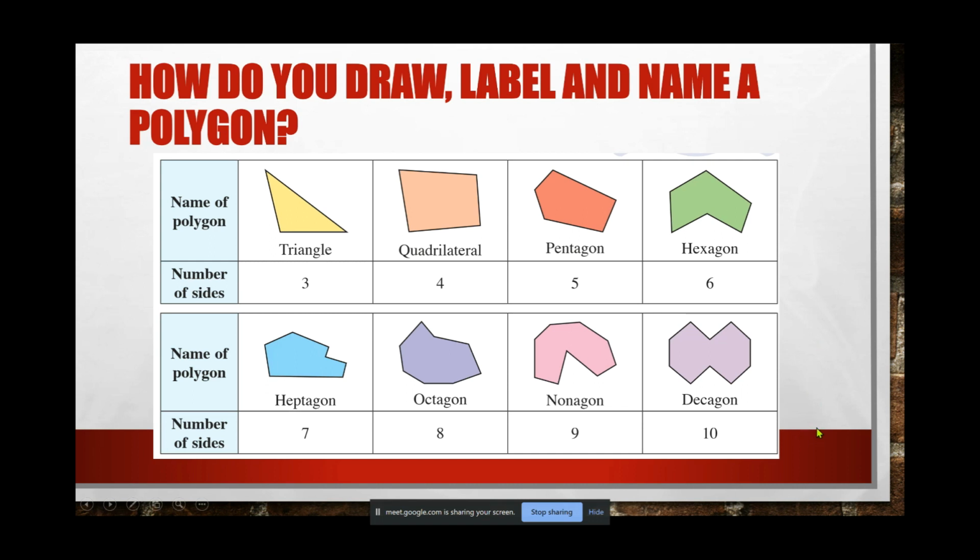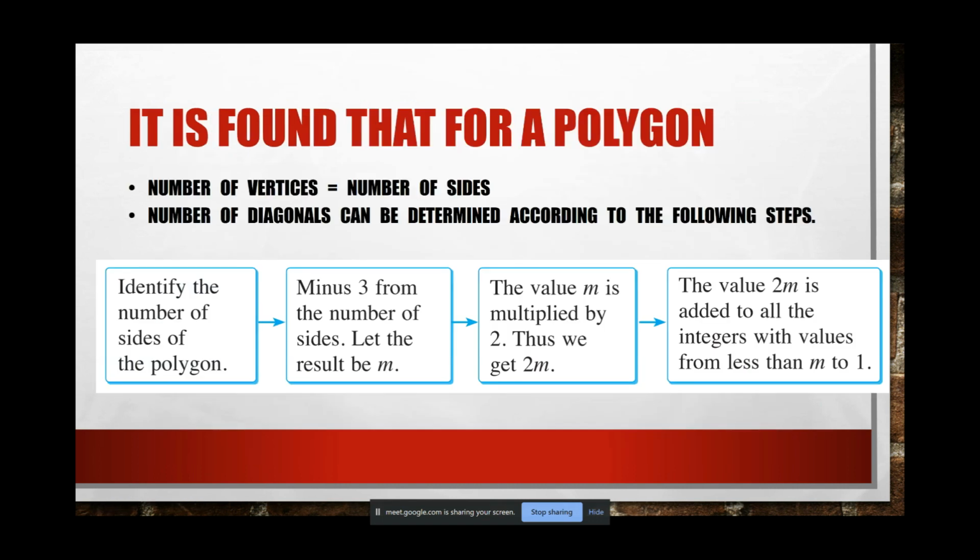Now, it is found that for a polygon, the number of vertices equals the number of sides. The number of diagonals can be determined according to the following steps. So we are going to see what the vertices, the side, and the diagonal are, by looking back at one of the examples here.